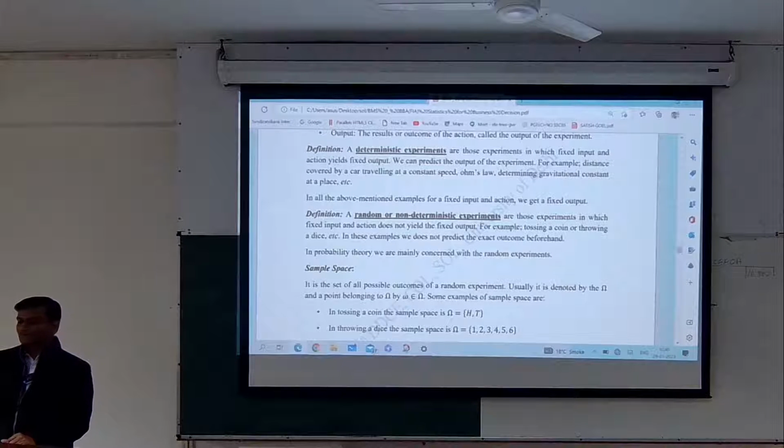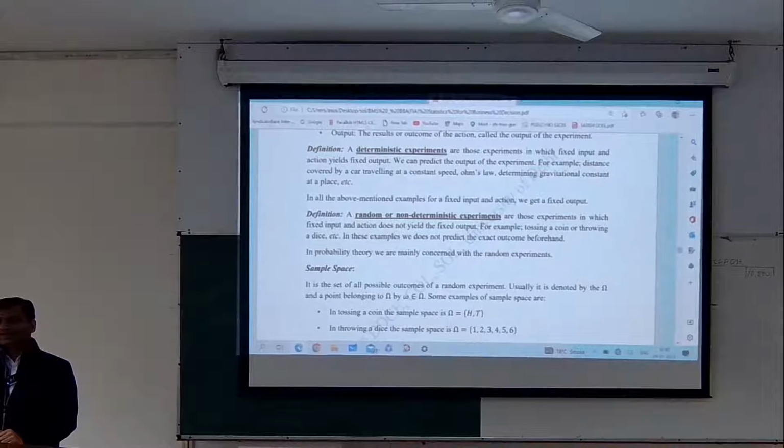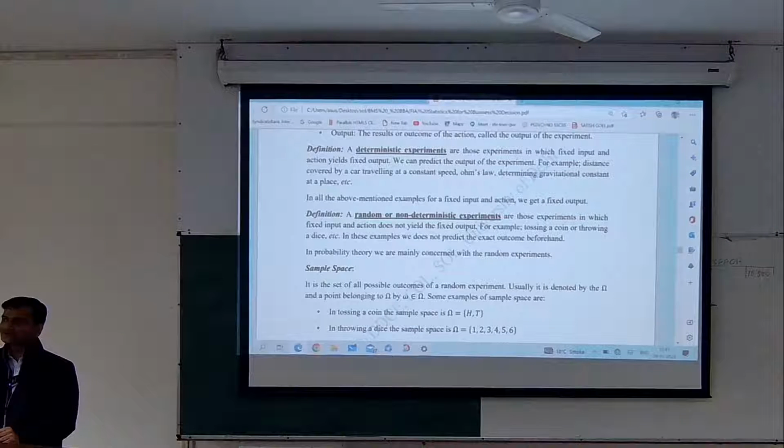Deterministic experiments are those in which we have fixed input and the output is also fixed. If you do the experiment, you always know what you can obtain: 1, 2, 3, 4, 5, or 6. Out of six you may get any number.